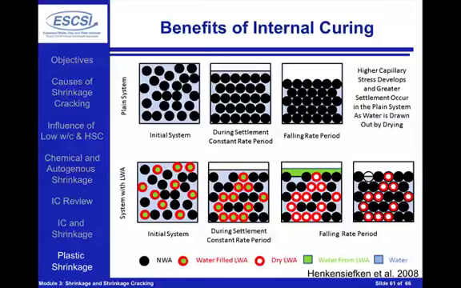Water will come down in the system and we'll have essentially a compression or consolidation of the cement particles. At some point they can't consolidate any further and a pressure is going to start to form inside of the fluid. When that pressure becomes too high, we'll essentially see a stress start forming that leads to a plastic shrinkage crack.